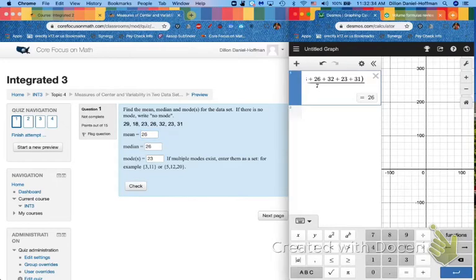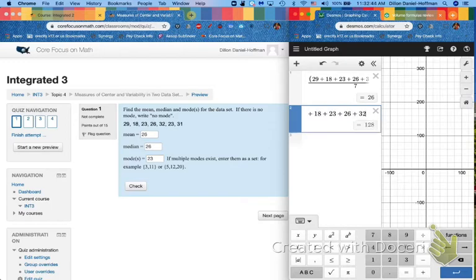Let's try this out though, just to see what Desmos does. If I add these up again, yep, here we go. You will see, just like I said, if you don't use parentheses, you are going to get it wrong. Now you could though, here's an idea.